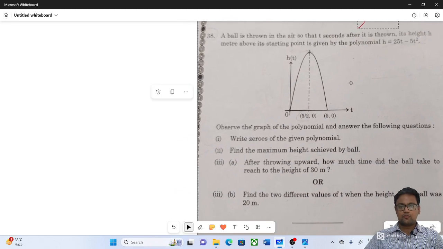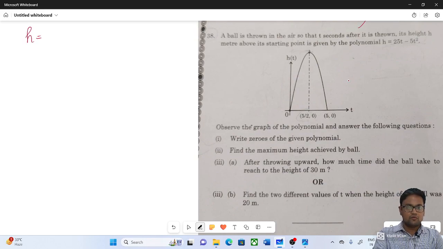A ball is thrown in air so that t seconds after it is thrown, its height above its starting point is given by the polynomial. So height is given to you in the form of a second degree polynomial. Observe the graph of the polynomial and answer the following questions.